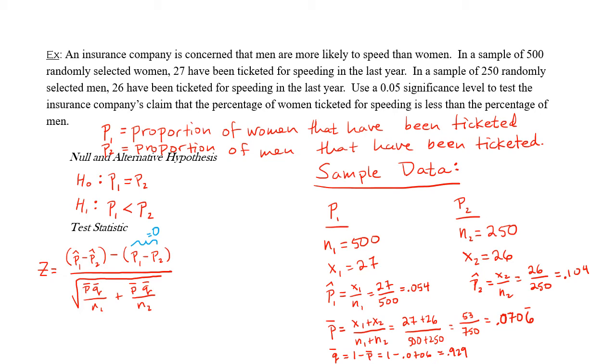Okay, so we can then put all the values in. We know P1 hat minus P2 hat. We can use those values that we calculated here, 0.054 minus 0.104.